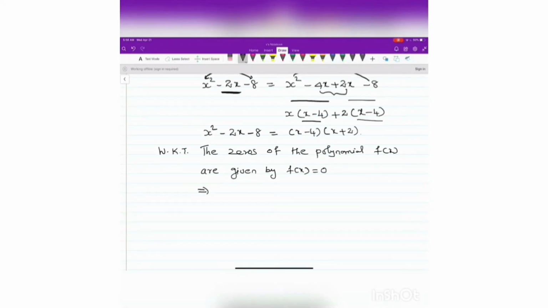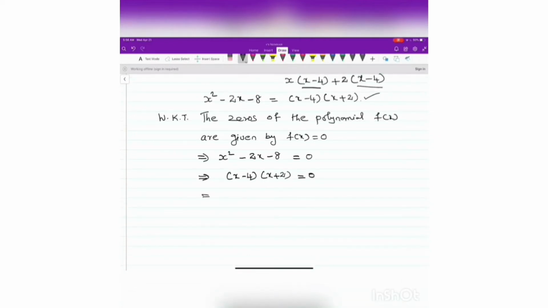This implies x square minus 2x minus 8 should be equal to 0, but we got x square minus 2x minus 8 as x minus 4 into x plus 2 here. So equal to 0. This implies x minus 4 equal to 0 or x plus 2 equal to 0. This will give you x is equal to 4 or x is equal to minus 2.